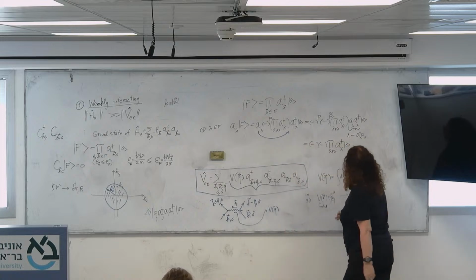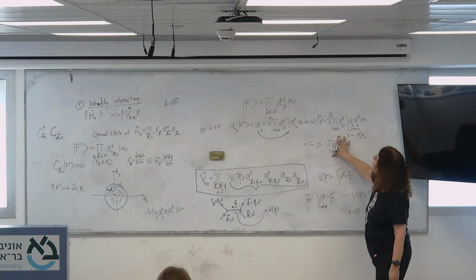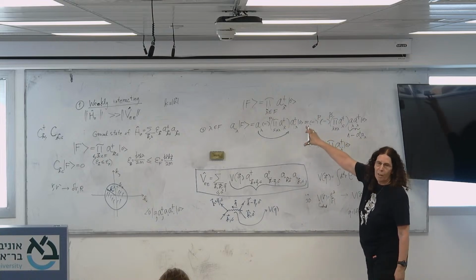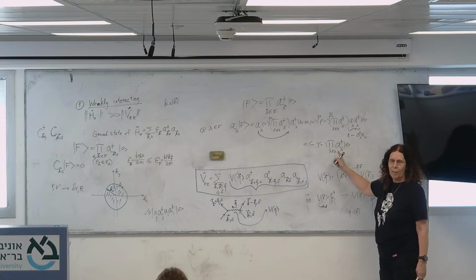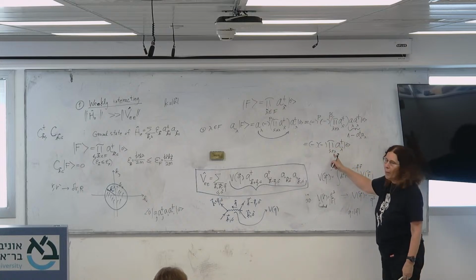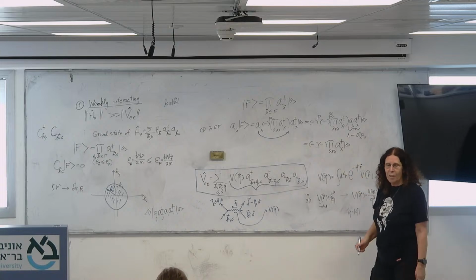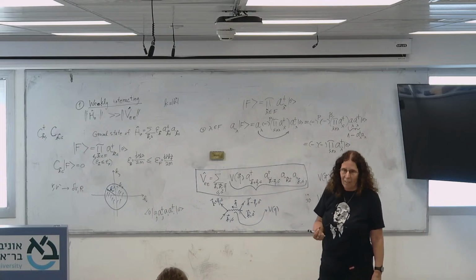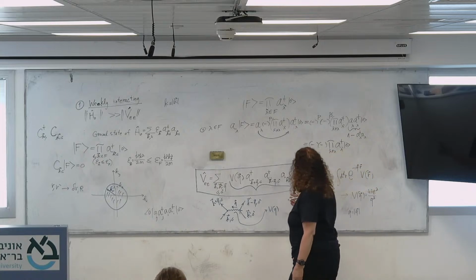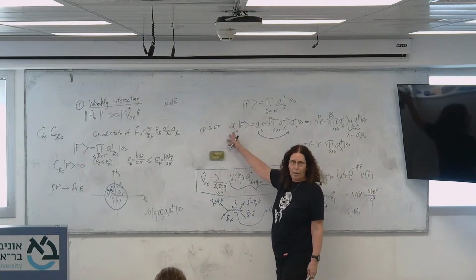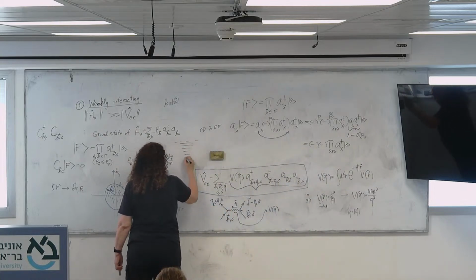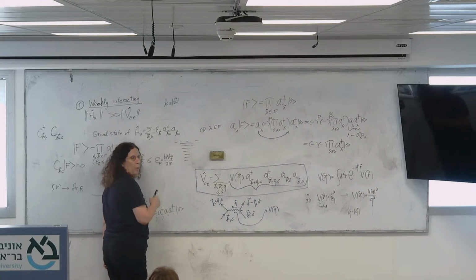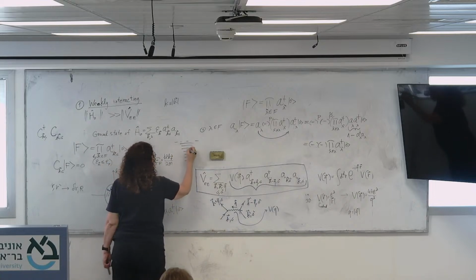How does this state differ from the original Fermi sea? It has all the states occupied except one, the one that has lambda prime equal lambda. In other words, it has a hole. The annihilation operator, when I apply it on a state that is already occupied, creates a hole.